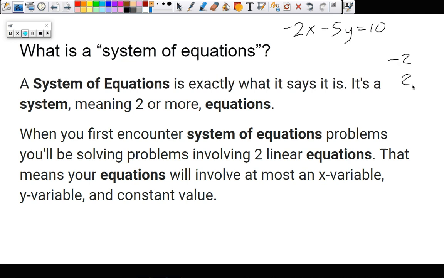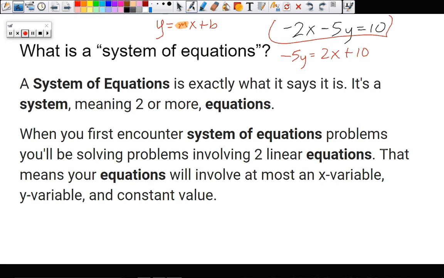So let me tell you, to find the slope, you're used to first finding this form, y equals mx plus b, and then whatever number is right here in front of the x, that's your slope. If we did that, what would you do to this equation, guys, to get y by itself? Anyone, just say it out loud. Add 2x. -5y is equal to 2x plus 10. Notice that I'm trying to keep it as much in y equals mx plus b form, so I wrote the x first. I didn't write 10 plus 2x.